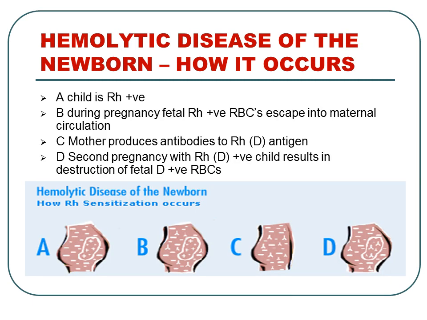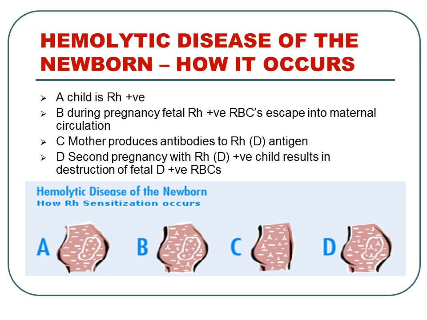We are going to discuss hemolytic disease of the newborn, how it occurs. In diagram A, the child is Rh positive and the mother is Rh negative. In diagram B, during pregnancy, fetal Rh positive RBCs escape into maternal circulation.